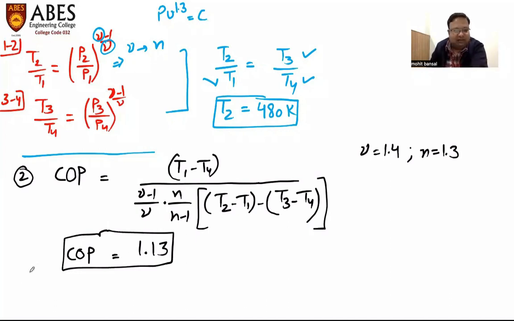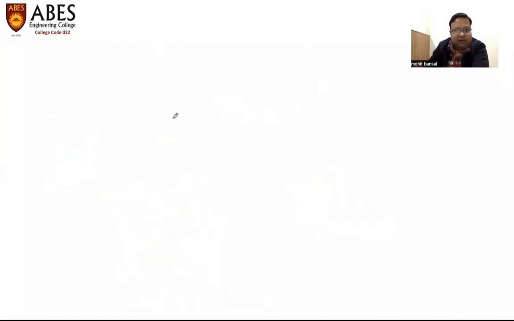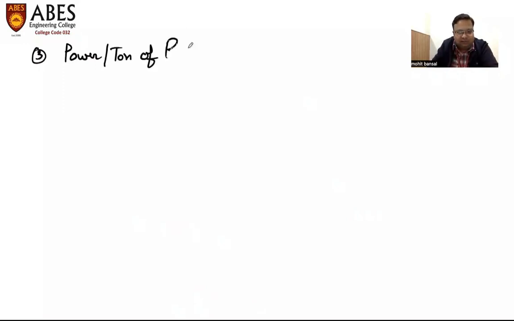And the third thing is the power per ton of refrigeration. For finding out the power per ton of refrigeration, we will use a relation.